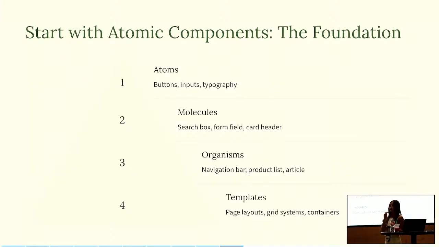So you have your smaller components like the buttons, the inputs, typography, which make up the search box, the font field, the card headers. And you use these and add to organisms to make a navigation bar, product list, and article. And again, it gets even more complex when you start to build out templates, page layouts, bridge systems, and containers.